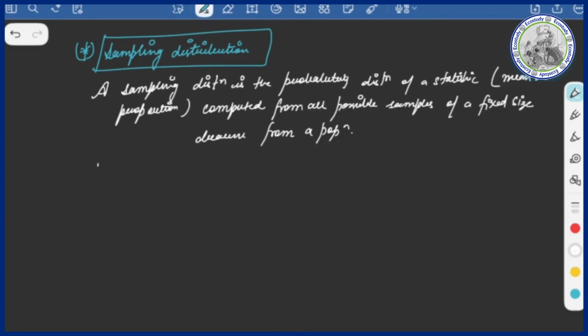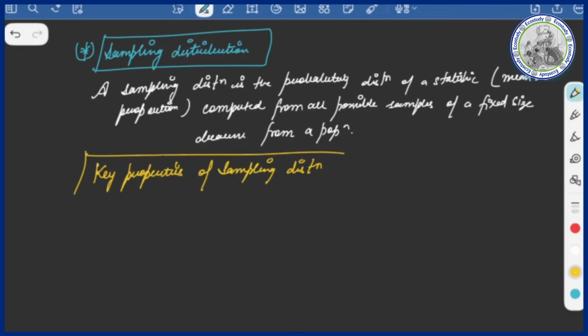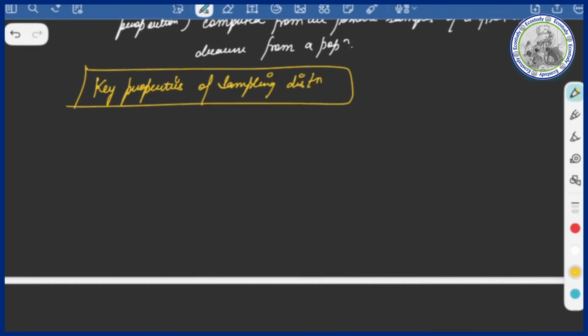Okay, so I will write some of the key properties of the sampling distribution. First is the mean of the sampling distribution, that is, the expectation of x bar is equal to mu.